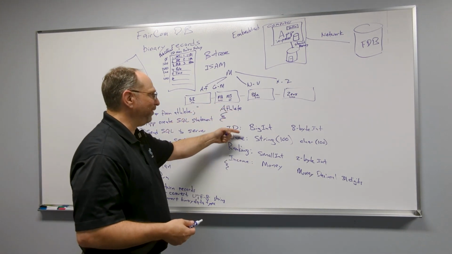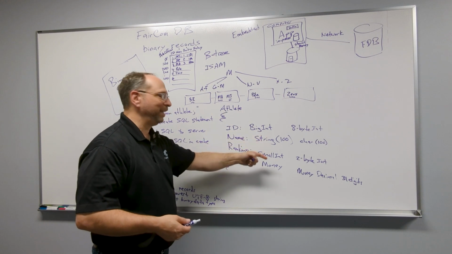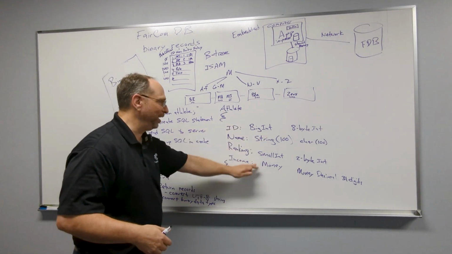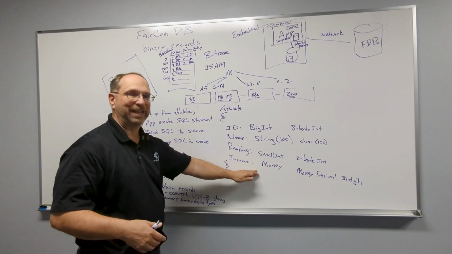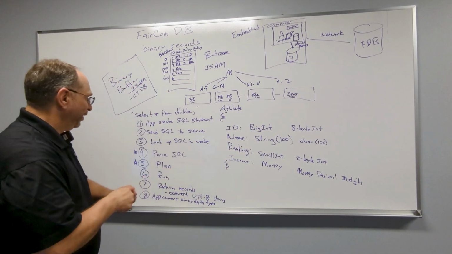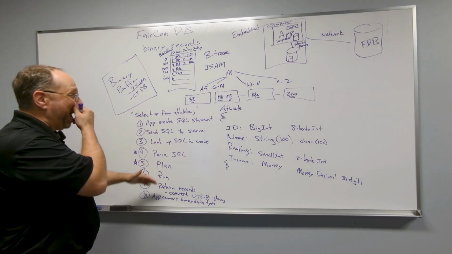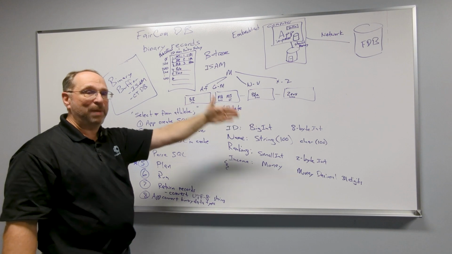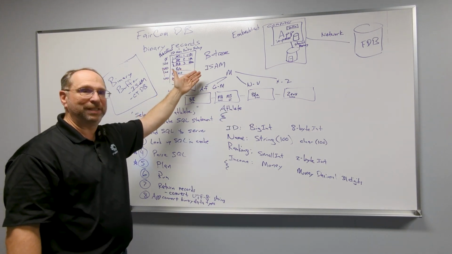So Java is going to have its type of integers, its strings, and these are all the internal structures, and it has to convert these into the native data types in your language. That's another conversion step. Now look at all these steps. All I have to do in C-Tree is just say, give me the next record, and it pops in, and I'm instantly there, and I'm using it in C.